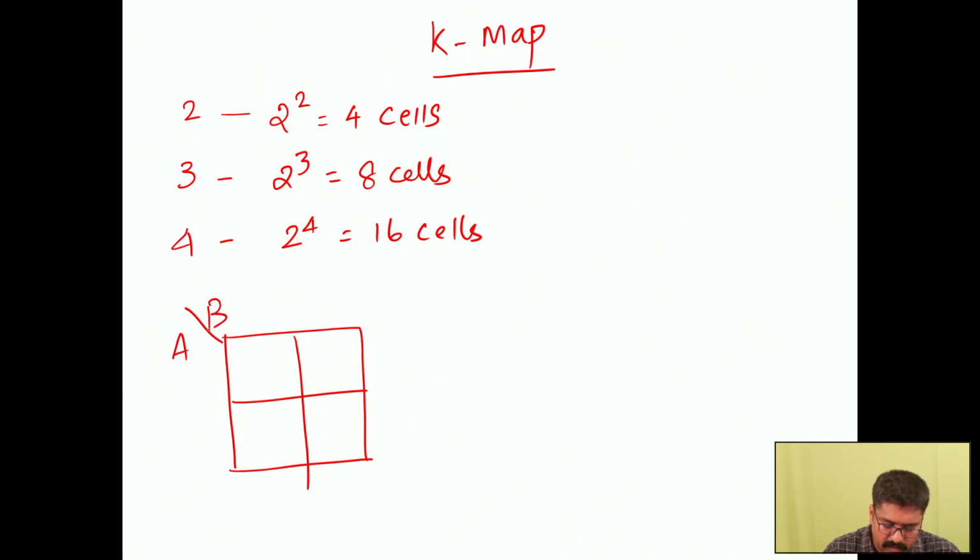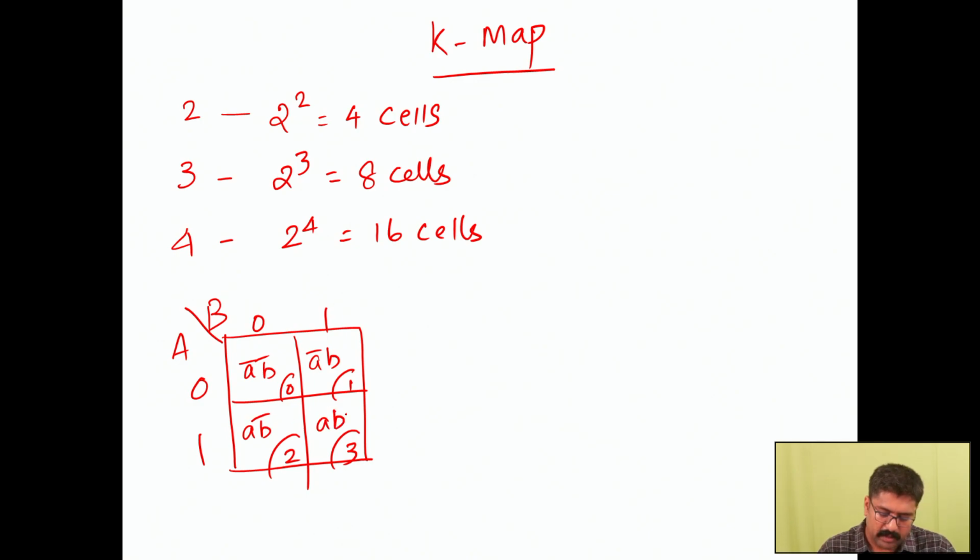we are going to use 2 variables. Okay, the cell numbers are 0 1 2 3. So this is 0 1, 0 1. So here A bar B bar, this is A bar B, this is A B bar, this is A B. The concept is that adjacent cells should differ by 1 bit.